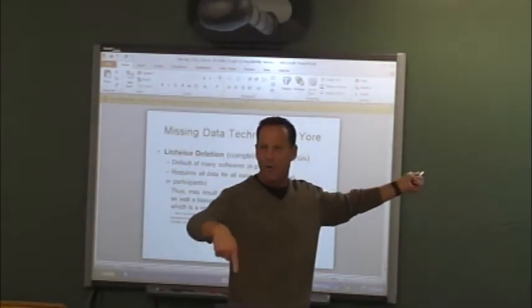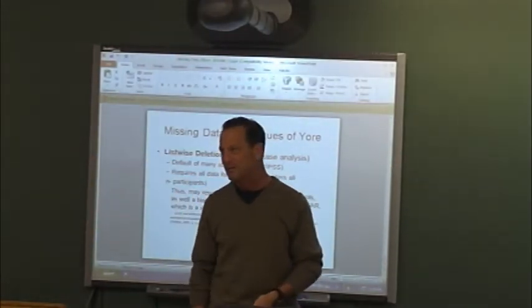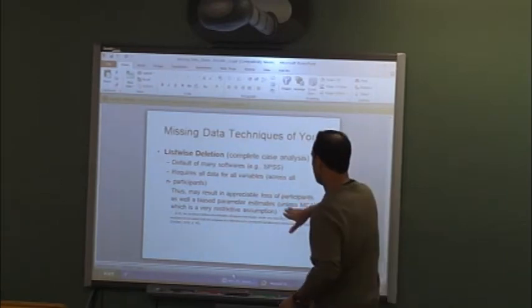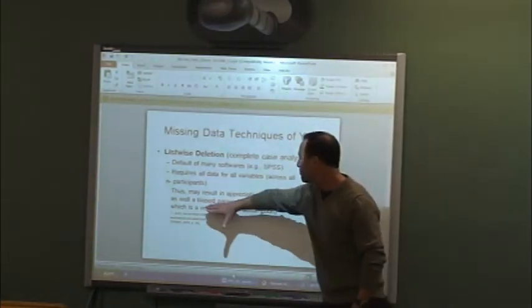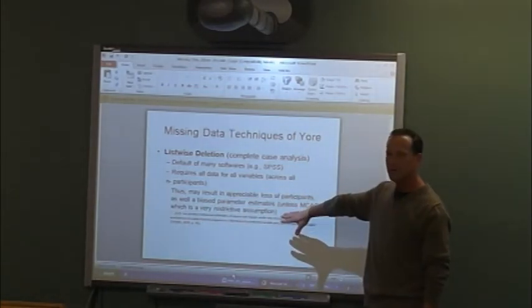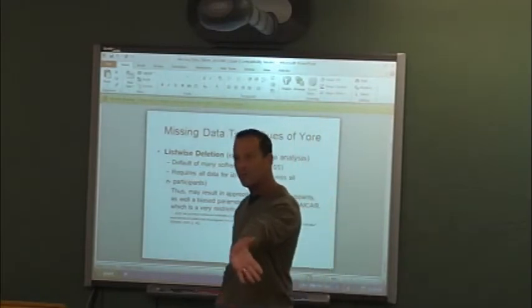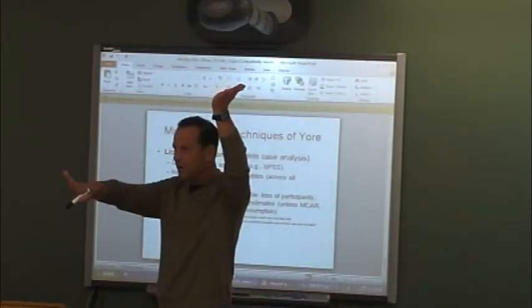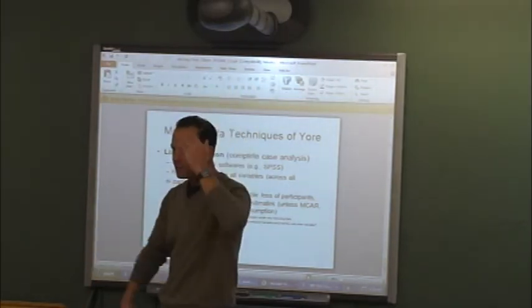We want all the data for all the people. Unfortunately, practically speaking, you lose participants, and you get biased parameter estimates. What does bias mean? It means that for some people, that regression coefficient will overestimate. For some, it'll underestimate.